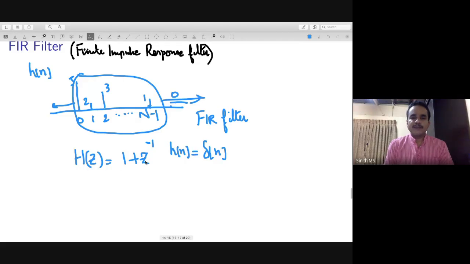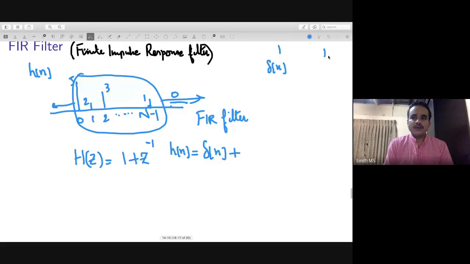If H(z) is 1 plus z inverse, what is h[n]? The inverse Z transform of 1 is delta[n]. What is the inverse Z transform of z inverse?